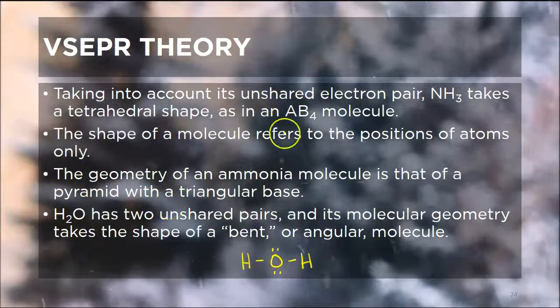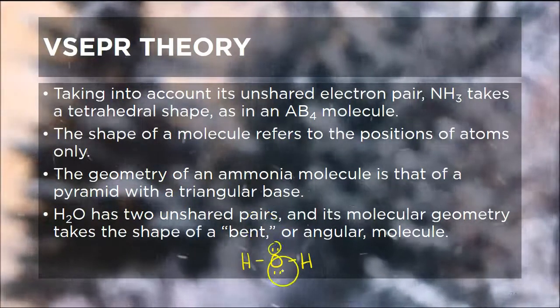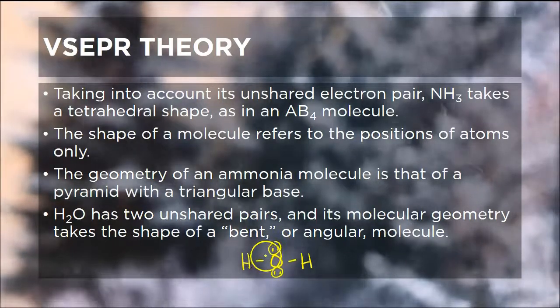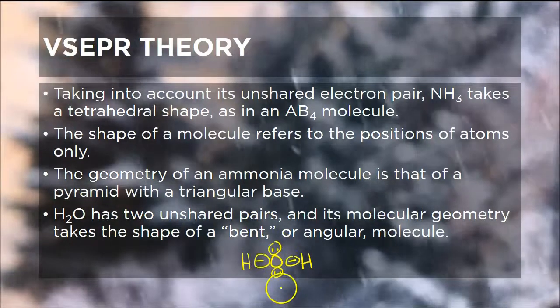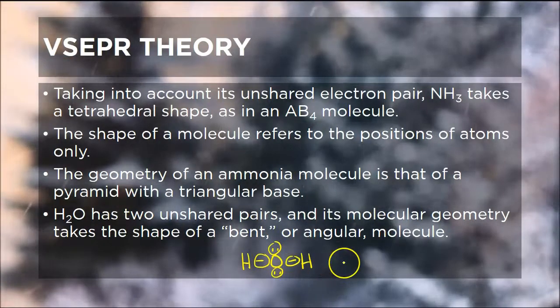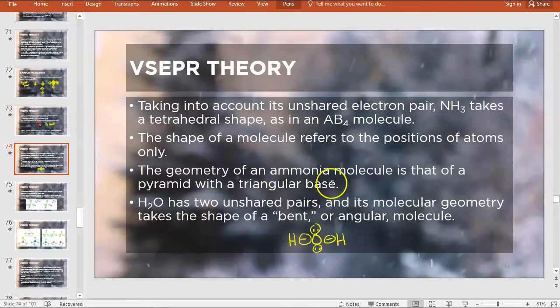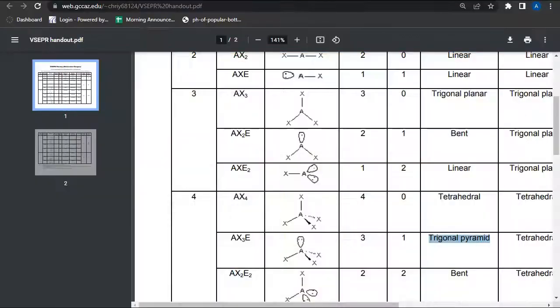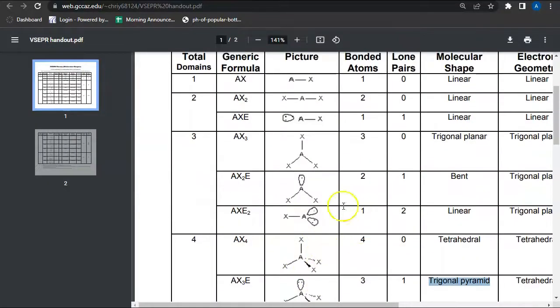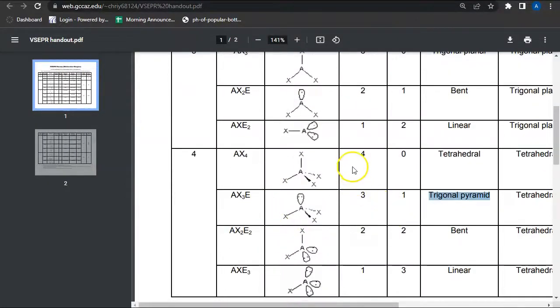Because I have 4 domains, right? I have 2 lone pairs and 2 bonds. That is not a symmetrical tetrahedron shape. That actually is asymmetrical. And you see that if I have 4 domains with 2 lone pairs and 2 bonds, that's a bent shape. And you see it in the picture.